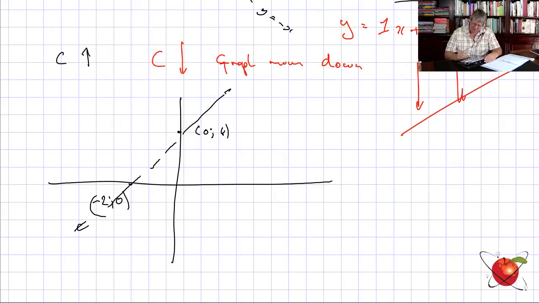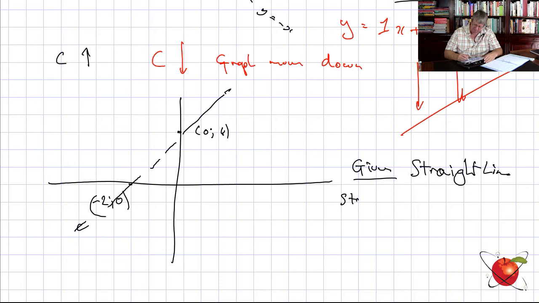Well, first of all, we say, okay, given, they've told us it is a straight line. That's what they've told us straight off, right? So, therefore, its standard form is y = mx + c.